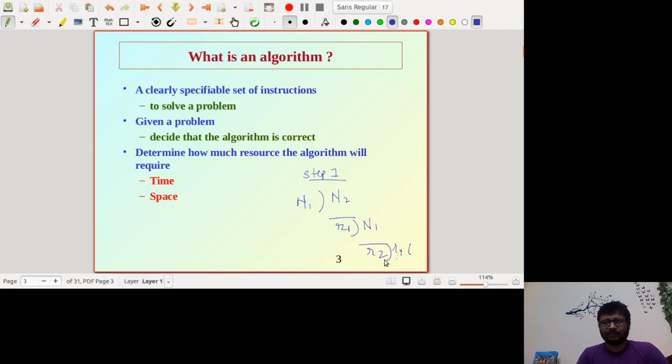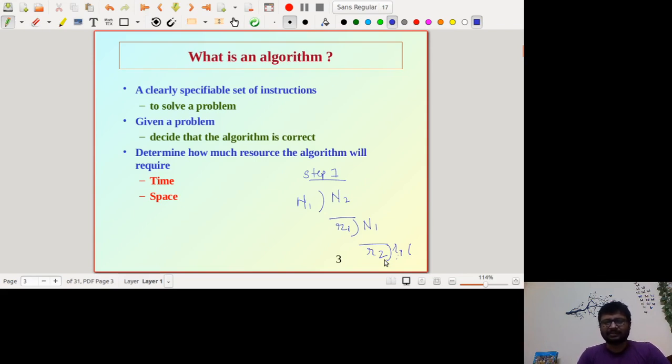Given a problem, the first step is to decide that the algorithm is correct. So this is the first step that we should be sure about, that this sequence of steps that we described eventually produces the result that we want, that is the intended result. And this step-by-step procedure is called the algorithm.